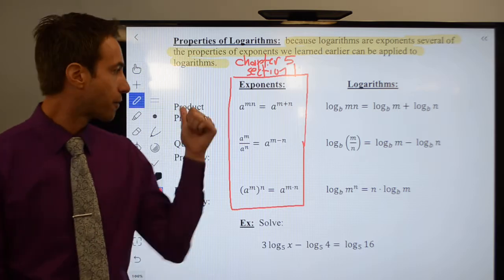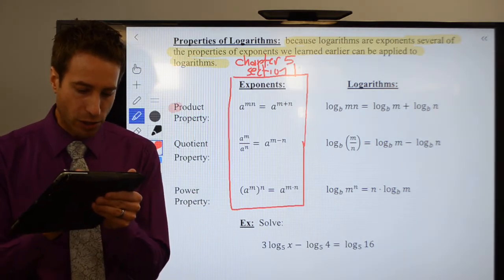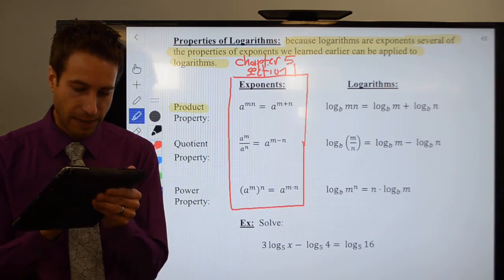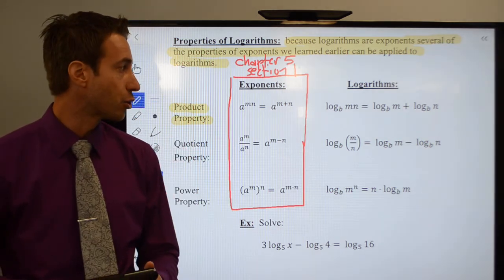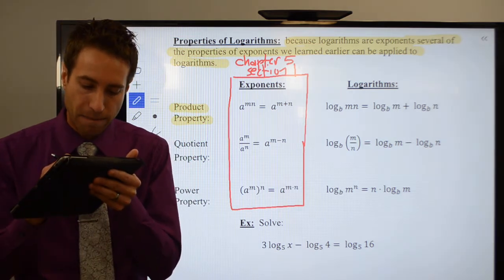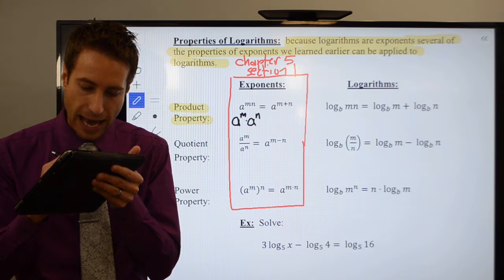All right, the first one I've got for you is the product property of exponents. I apologize, I have a slight typo on here. Give me a second to fix it. Actually, it should be written as a to the m times a to the n, right?